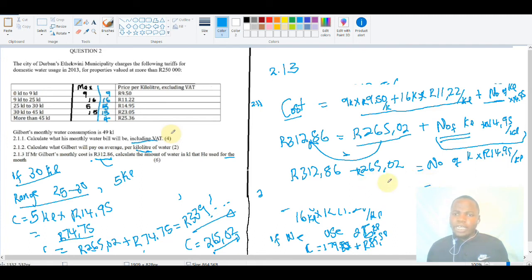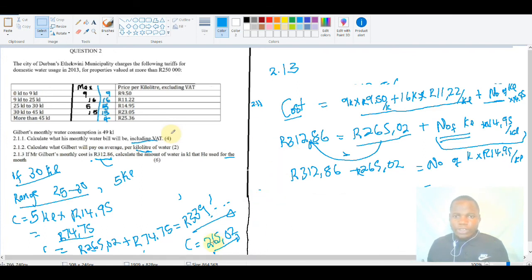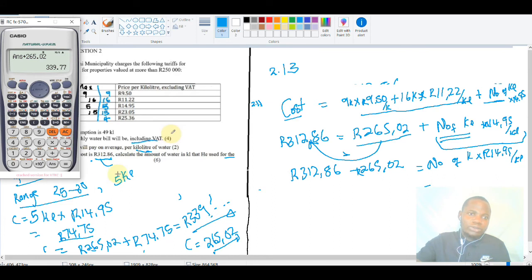Now you do the math. You want to find the number of kiloliters there. Let's open some space so that our work becomes tidy. So you have 312.86 minus 265.02.